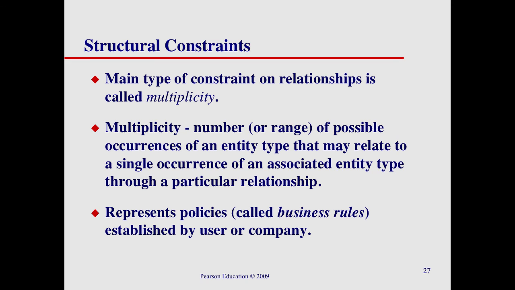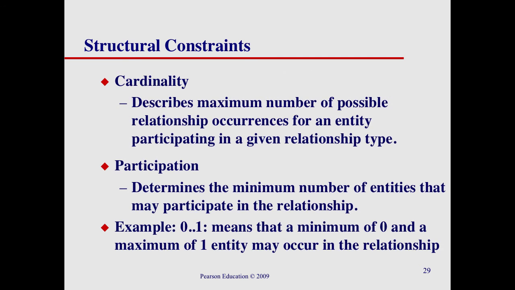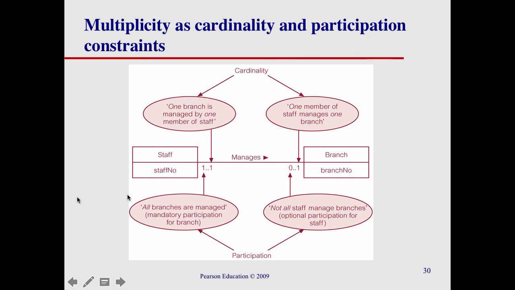And we typically talk about both the cardinality and the participation rate. So participation is the minimum number of entities in the relationship, and cardinality is the maximum number. So as an example, we might say that in the manages, a staff member manages 0 or 1 branches.